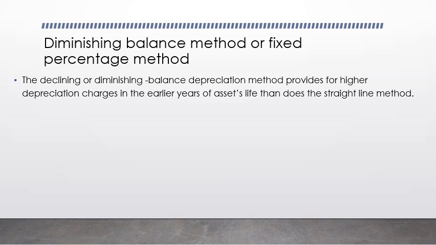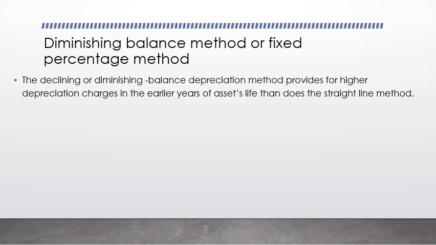In the sense, it is calculated based on a fixed percentage of the value of the asset at the end of each year. So the value of the asset will be maximum at the beginning and the value of the asset goes on reducing, and as a result the depreciation value also goes on reducing. So this is the major way in which the diminishing balance method is calculated.